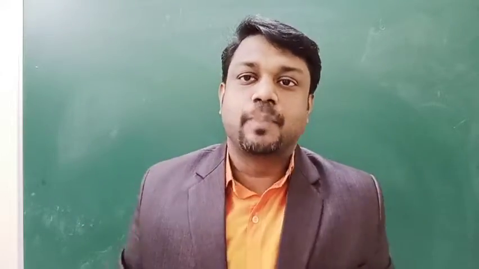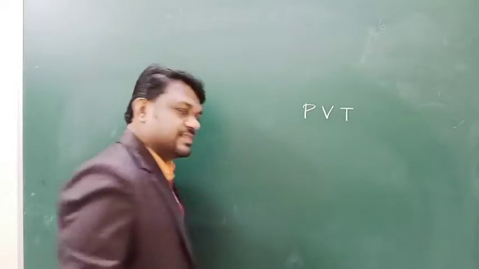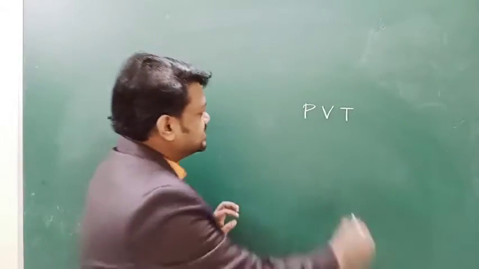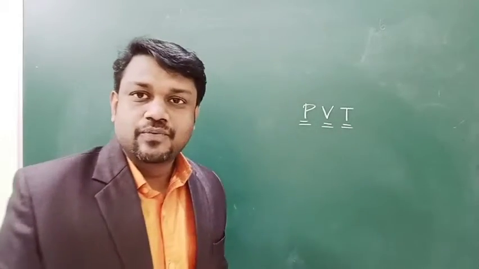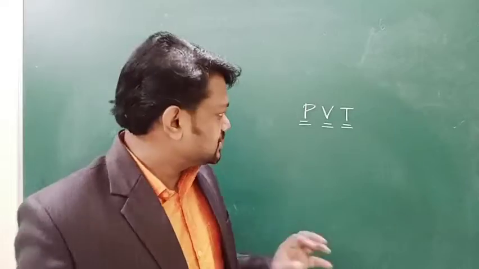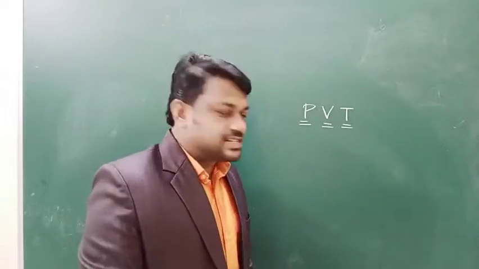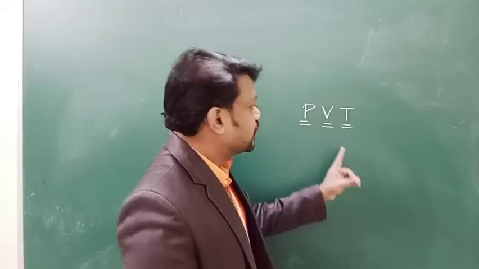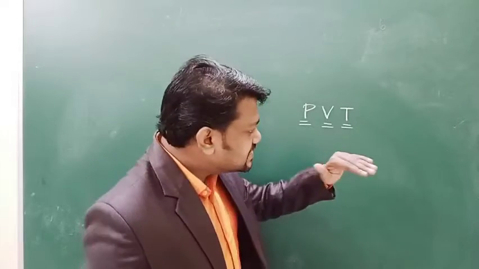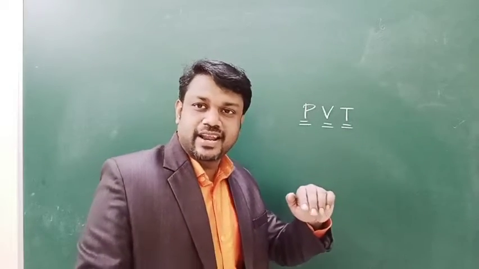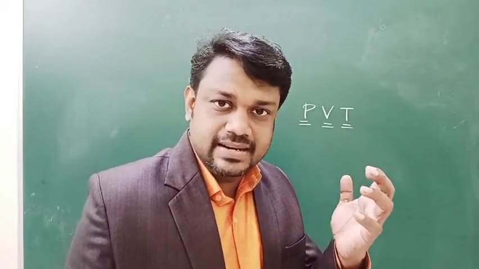These properties are PVT, pressure, volume and temperature. So the system has particular constant values of pressure, volume and temperature, and we can say that the system is under a particular thermodynamical state.